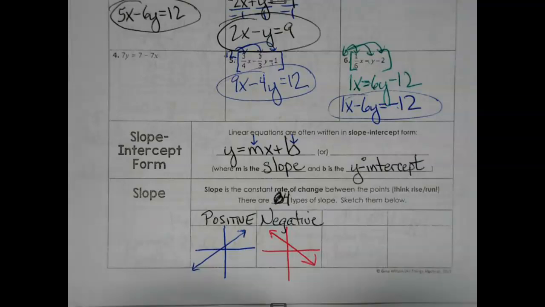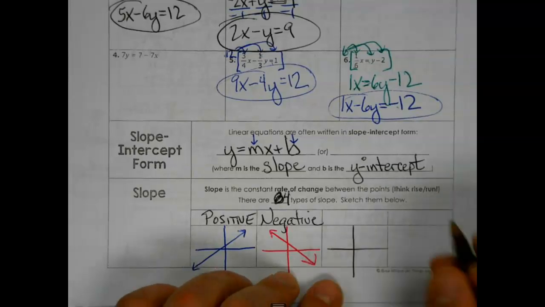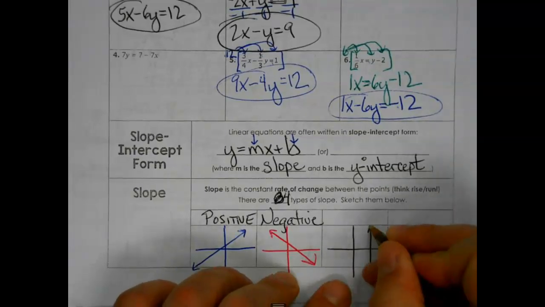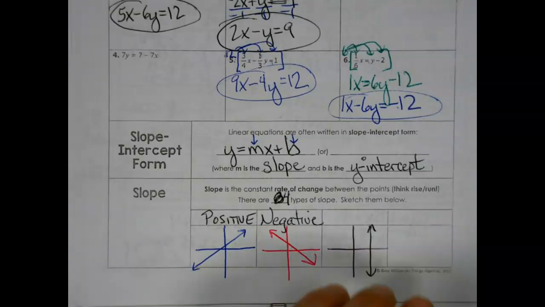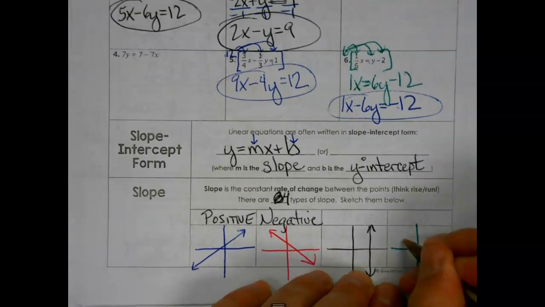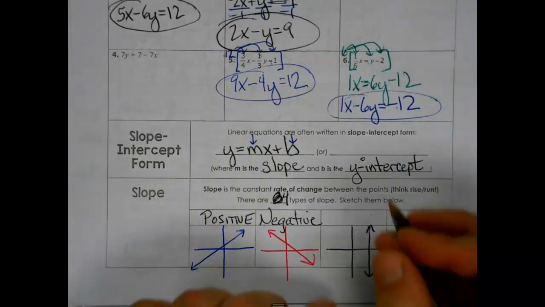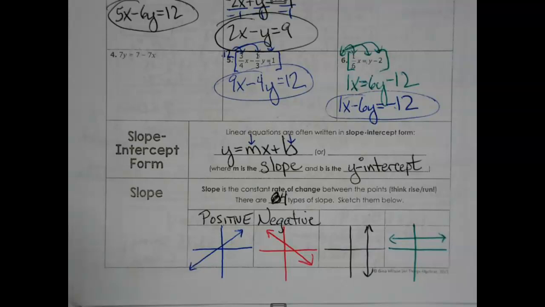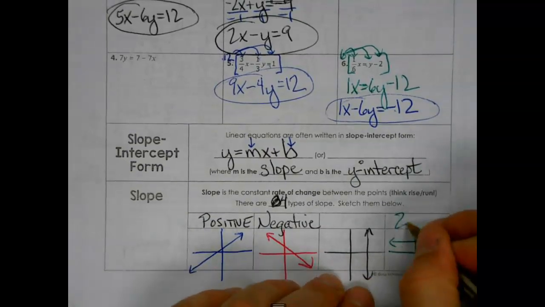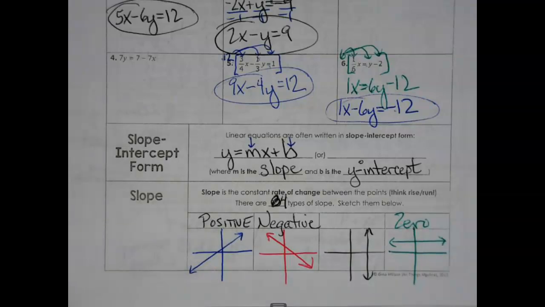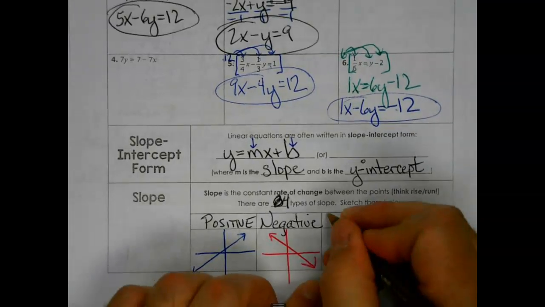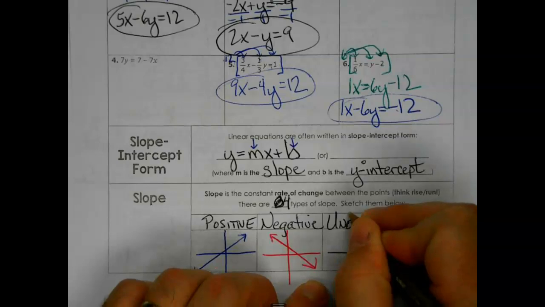So if we went straight line that way, parallel to y, parallel to x, and we went parallel with those, now here comes the question: what are the slopes when they go that direction? The horizontal one is 0, and the vertical one is not defined. Undefined. That's absolutely right.